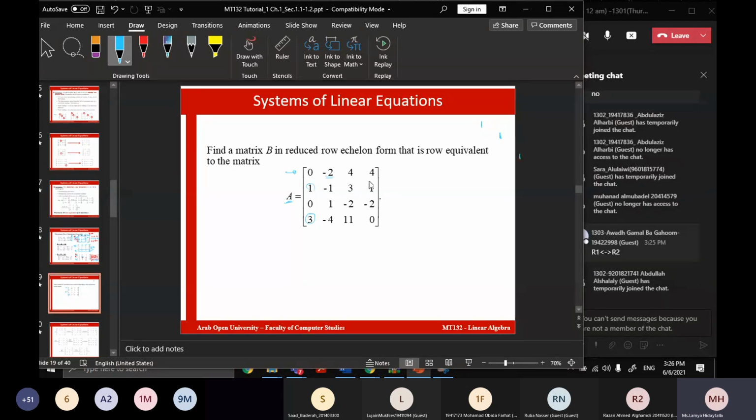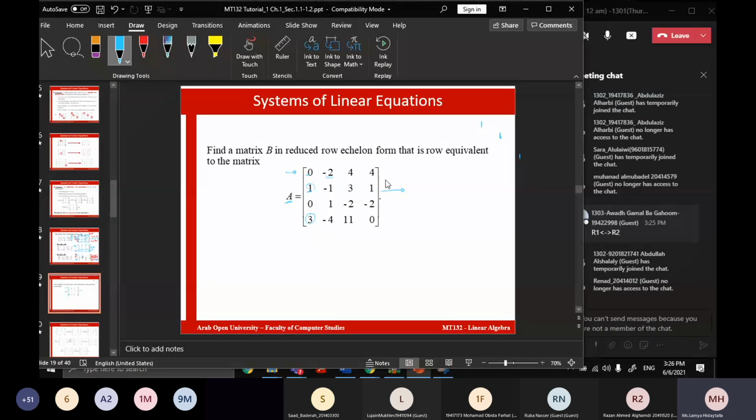So what comes to my mind is just to interchange between the rows. Yes, exactly. So we put R1 in the place of R2 and R2 in the place of R1, and this is one of the possible operations, correct?